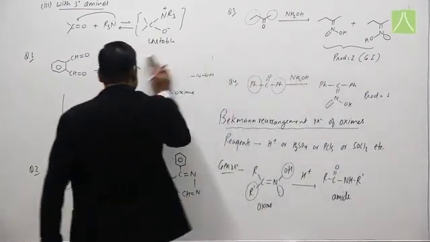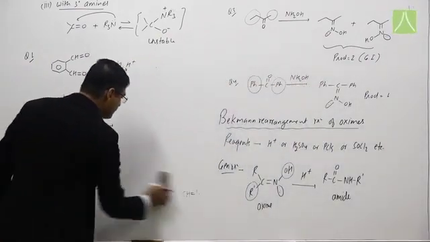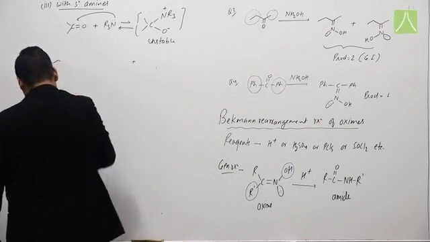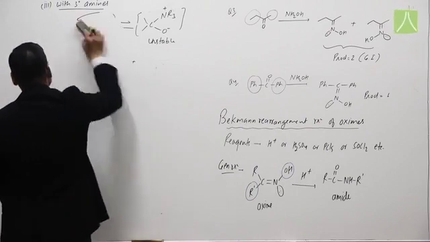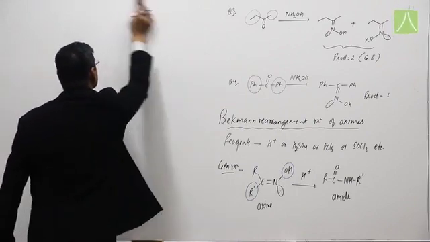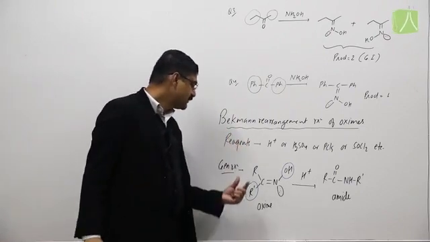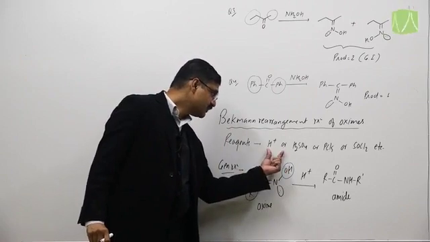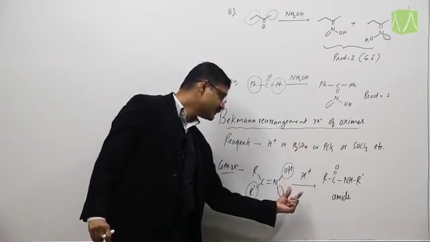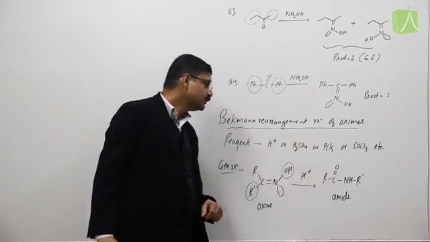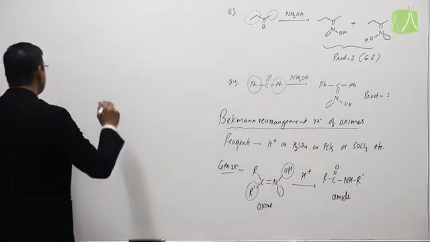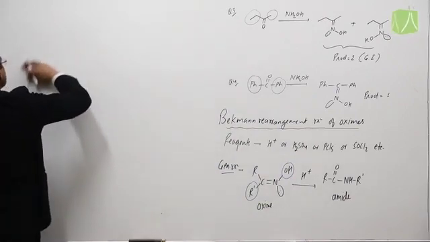So I write the mechanism. So in Beckmann rearrangement, oximes in presence of H plus, H2SO4, PCl5 or SOCl2 are converted into amide. This is an intramolecular rearrangement reaction.